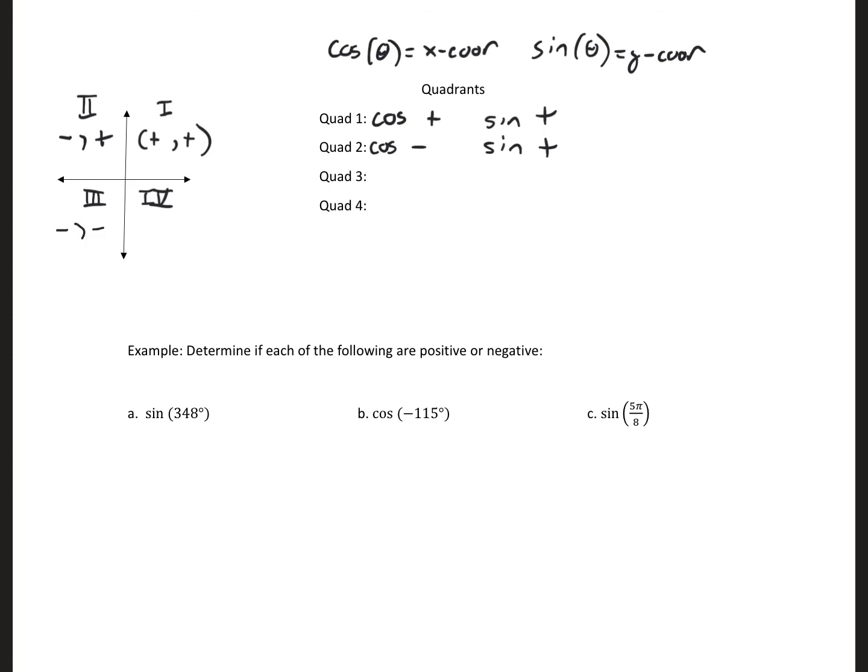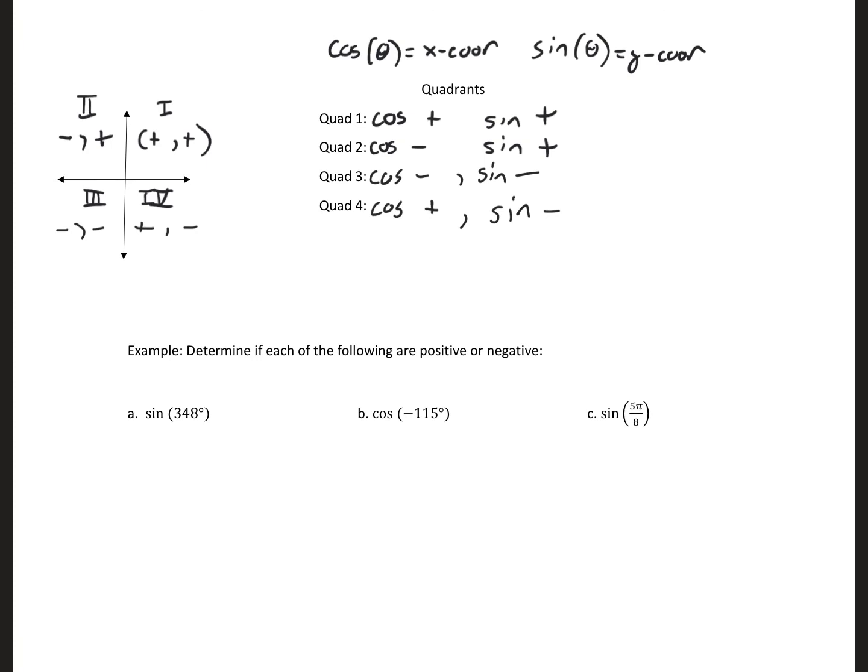So this is negative, negative, meaning cosine is negative and sine is negative. And then lastly, in quadrant 4, the x coordinate's positive and the y coordinate's negative. So if your angle lands in quadrant 4, cosine will be positive and sine will be negative.